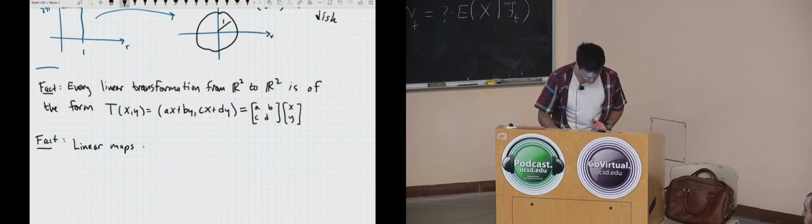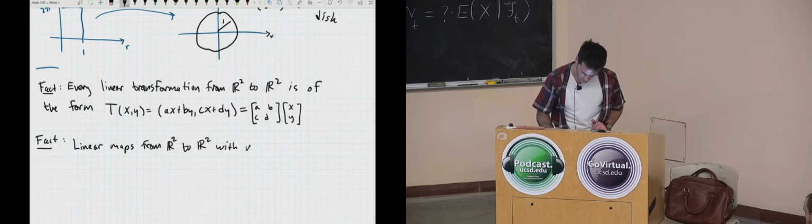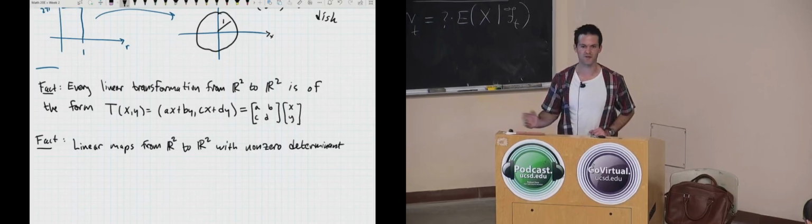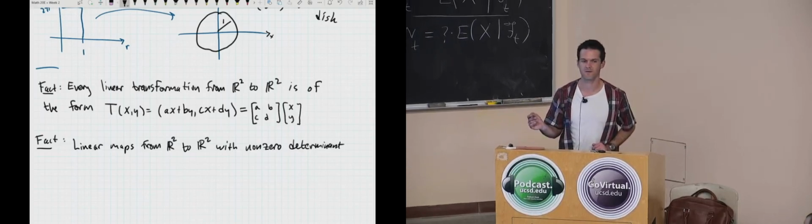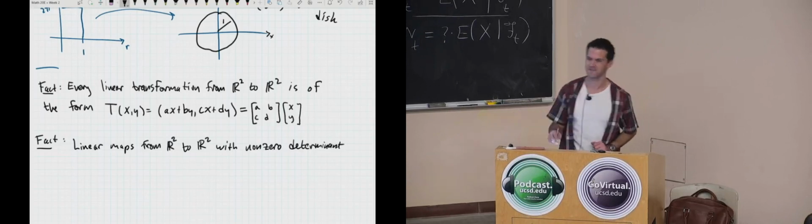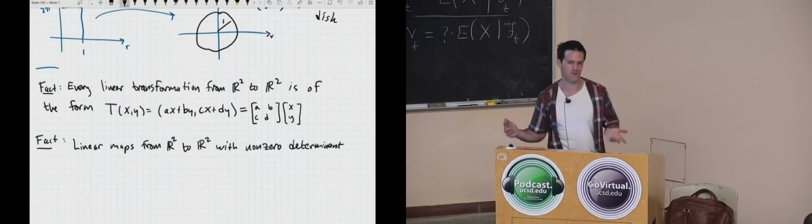Linear maps from R2 to R2 with non-zero determinant. In other words, what's non-zero determinant equivalent to? I knew Alex knew this. It's invertible.